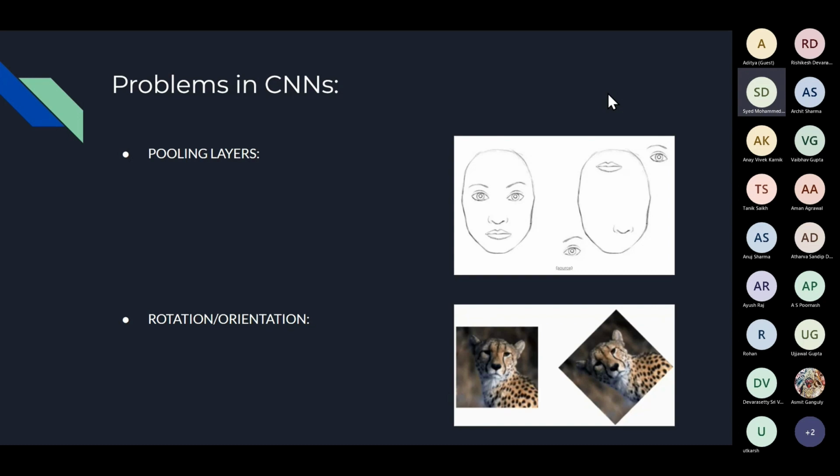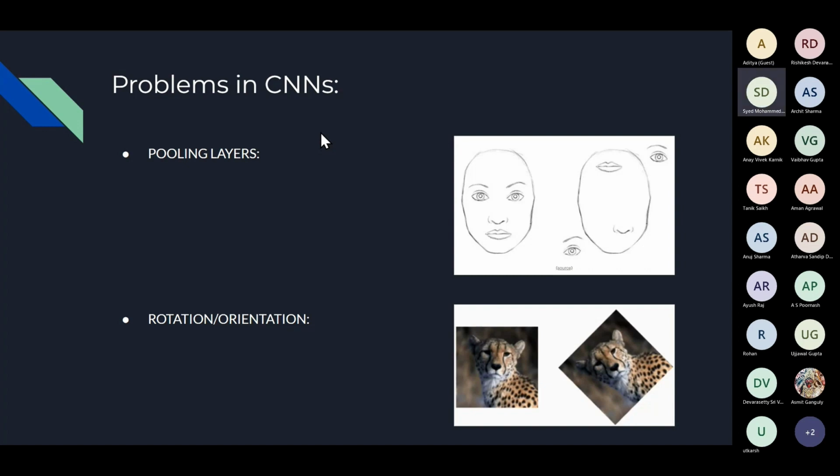Because according to the CNN, in the process of pooling, we are just identifying whether a particular image has two eyes, a pair of lips, a nose, and a face structure somewhat like this, and therefore it's a face. I don't think that is the right criterion to identify a face, because obviously this isn't a face. You need to have the eyes over here, like that. So this is one problem that CNNs do face, right?